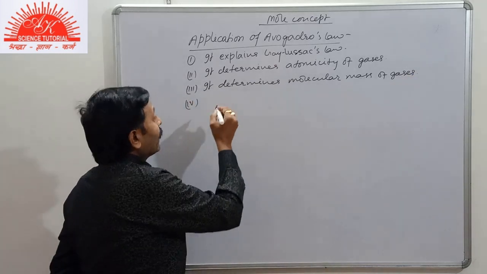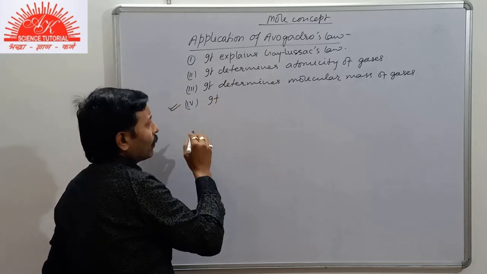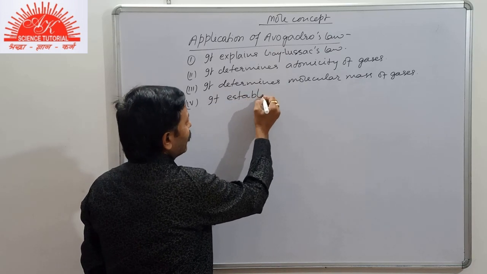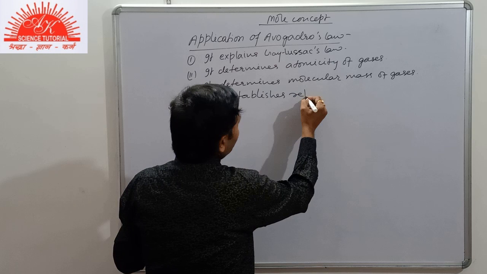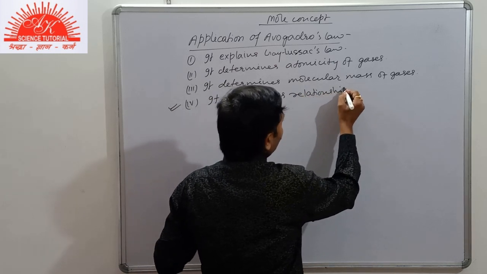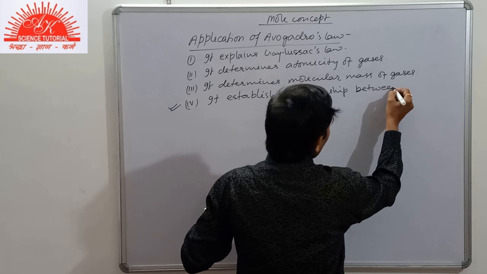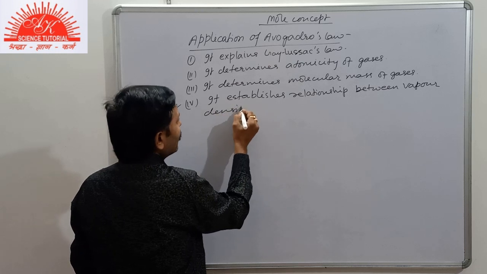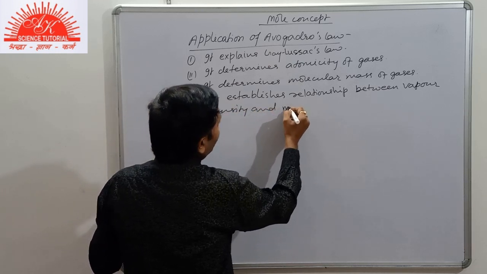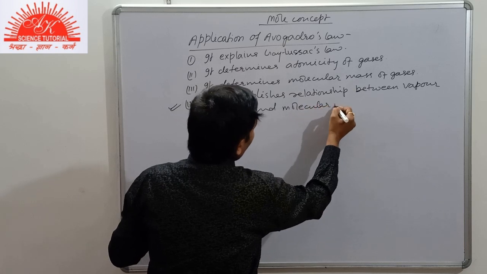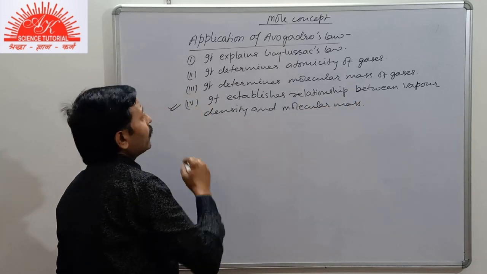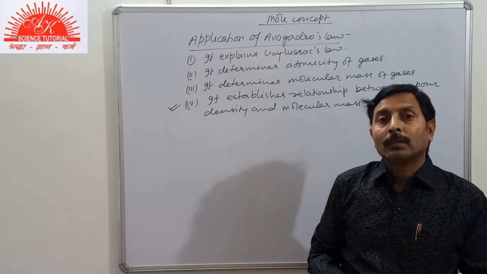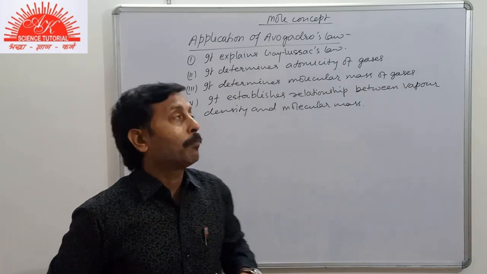Fourth, it establishes relationship between vapor density and molecular mass. This is the most important component from here. So these are the four main applications of Avogadro's law. Now we will explain it one by one.